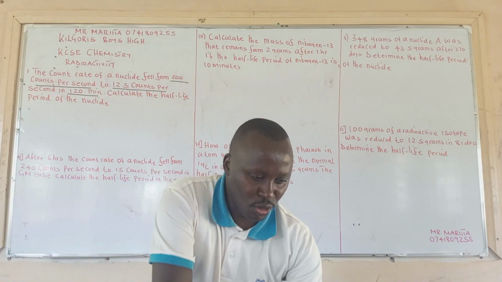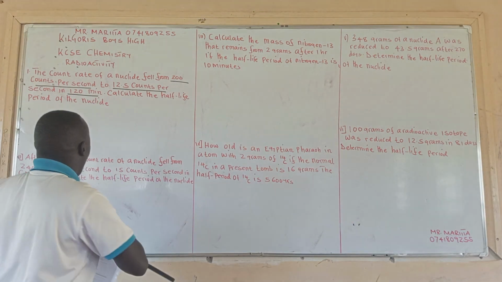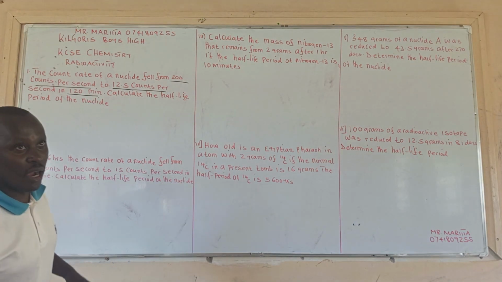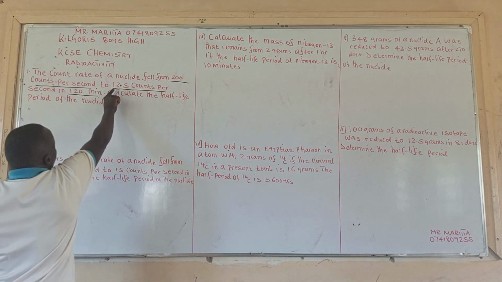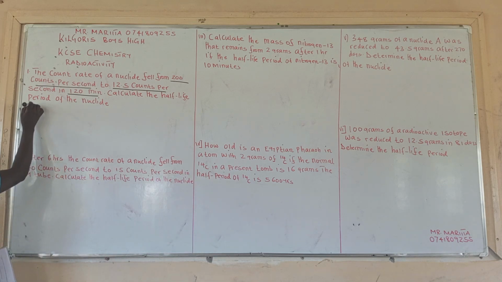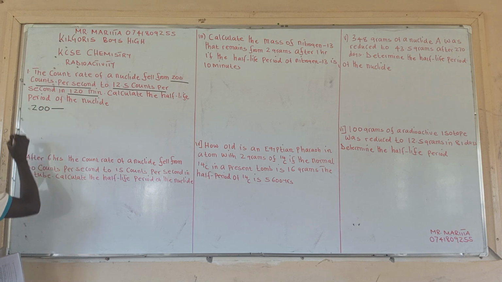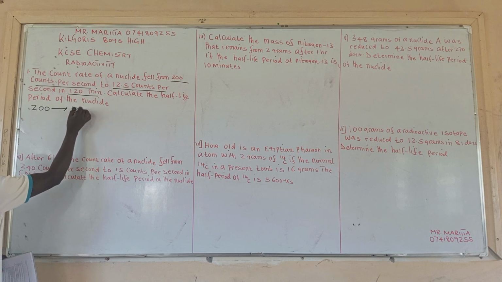So we can calculate the total number of half-lives here, from 200 to 12.5. So we start from this 200 here. A half of 200 is equivalent to 100.